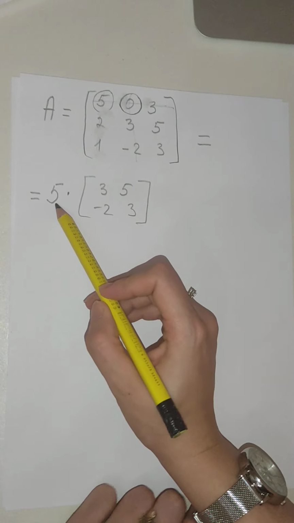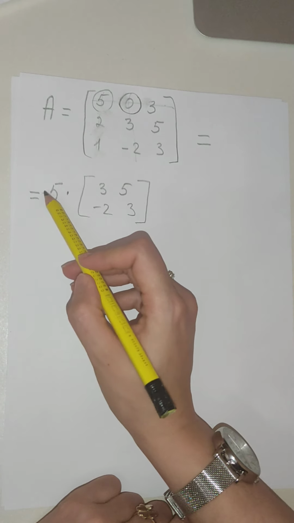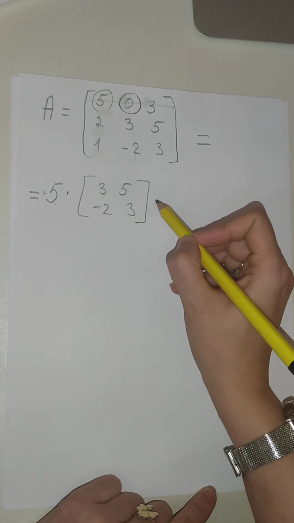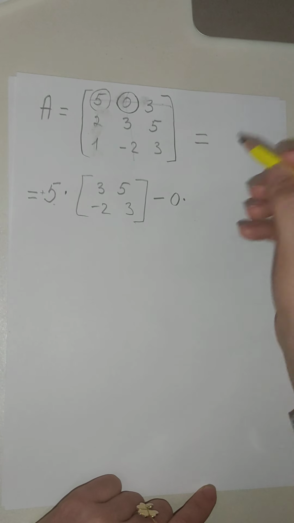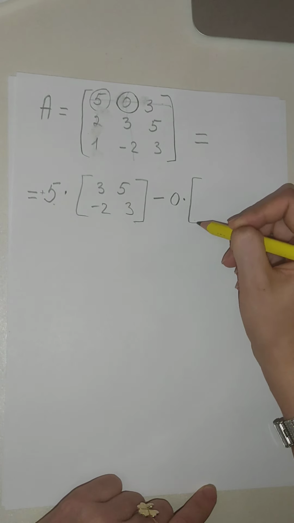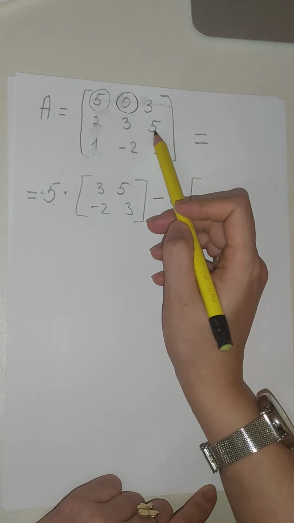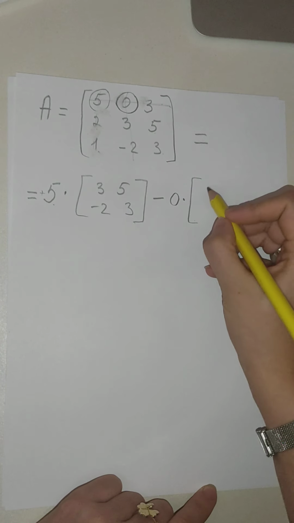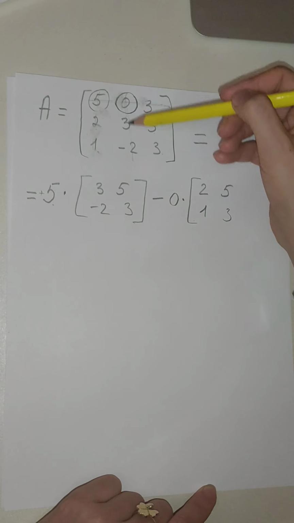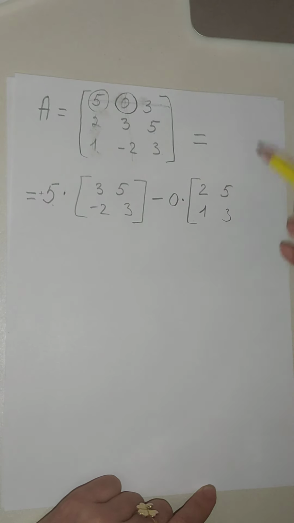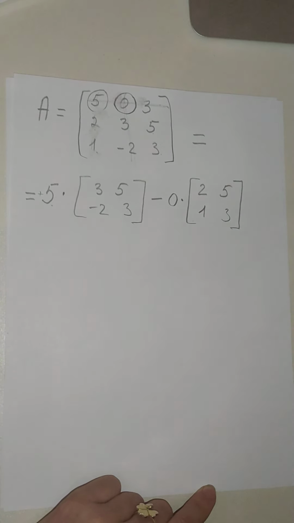The first sign of this multiplication is positive, now we should write negative. 0 is the leading element, 0 times, what is the submatrix? The submatrix is 2, 5, 1, 3, because we removed this row and column. Again, we will continue.